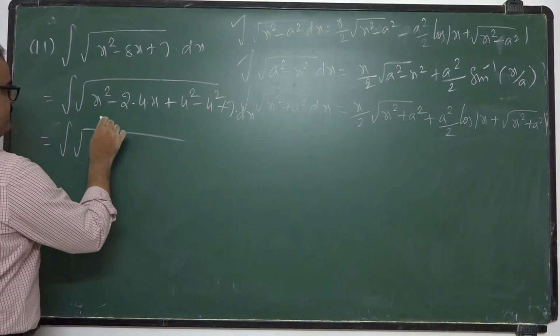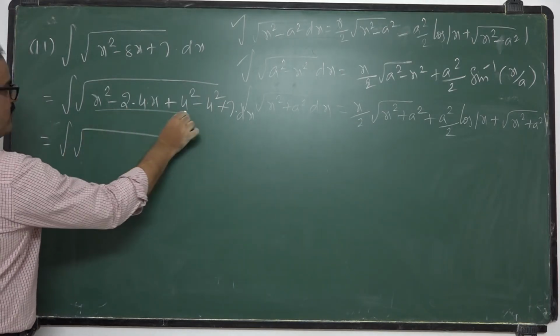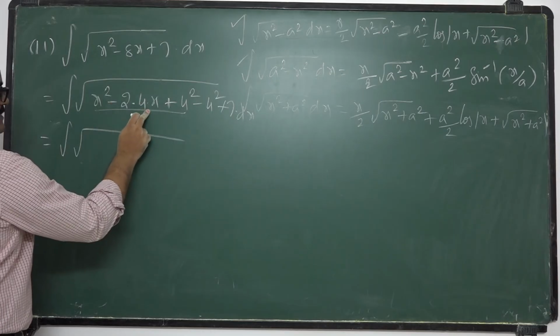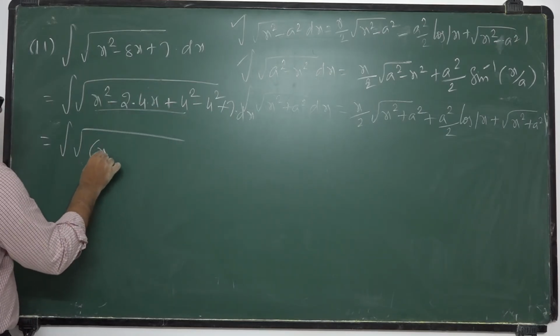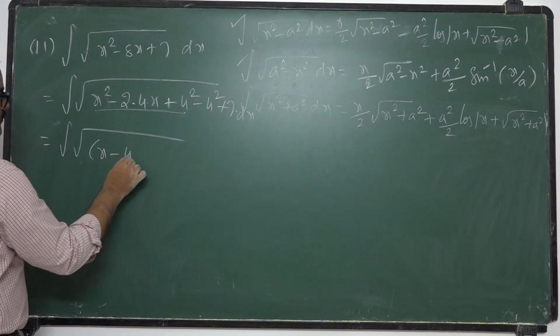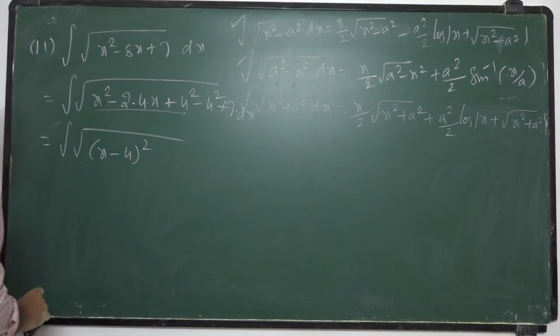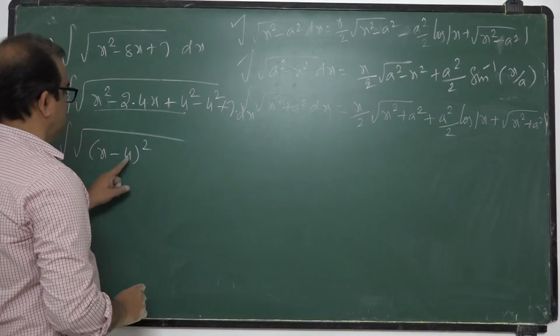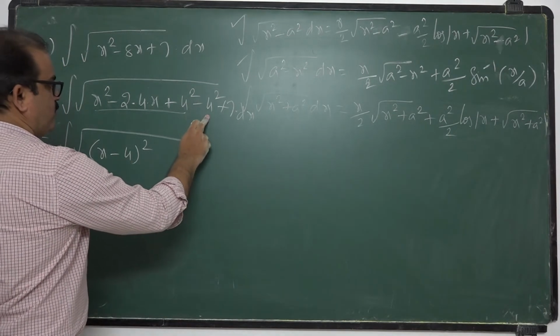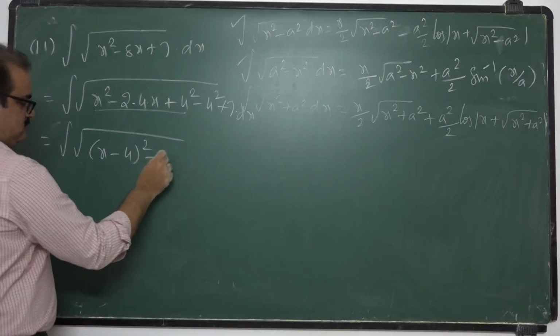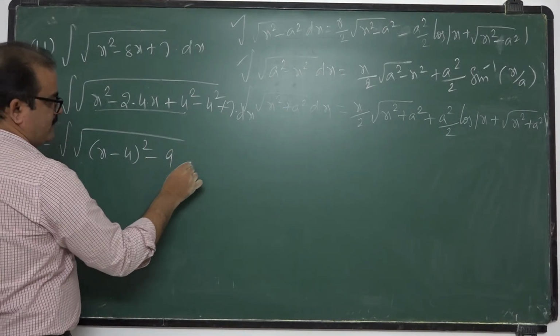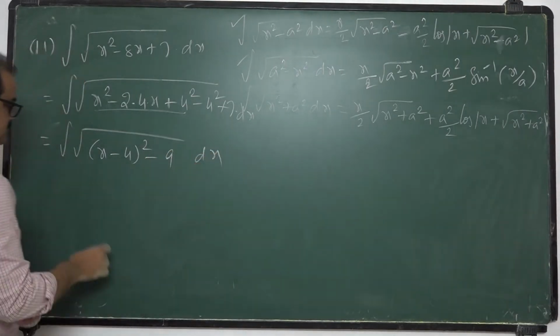You see the first 3 terms, they are in the form of a square minus 2ab plus b square, that is (a minus b) whole square, (x minus 4) whole square. 4 square 16, minus 16 plus 7 is minus 9, into dx.